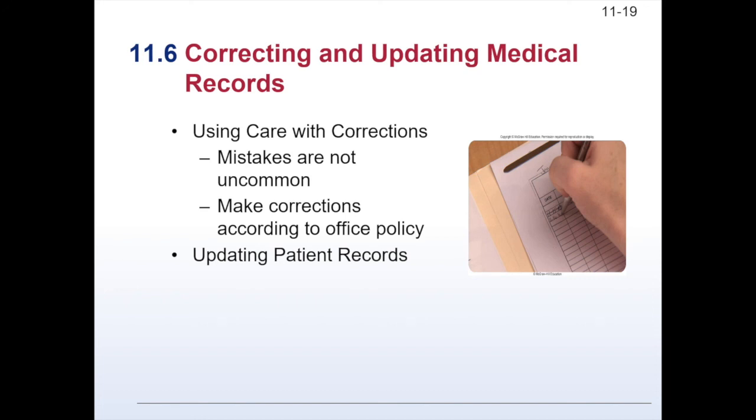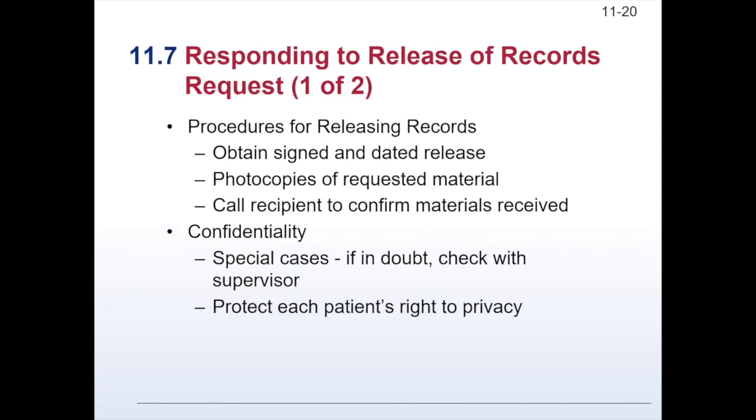Updating patient records must follow established protocol. The medical assistant may be called upon to witness the updating of a patient record, responding to release of records requests. Procedures in releasing records include obtaining a signed and dated release, getting photocopies of requested materials, and calling the recipient to confirm materials received.